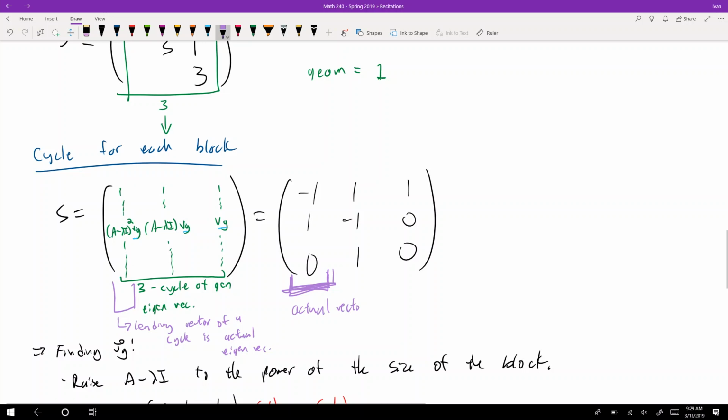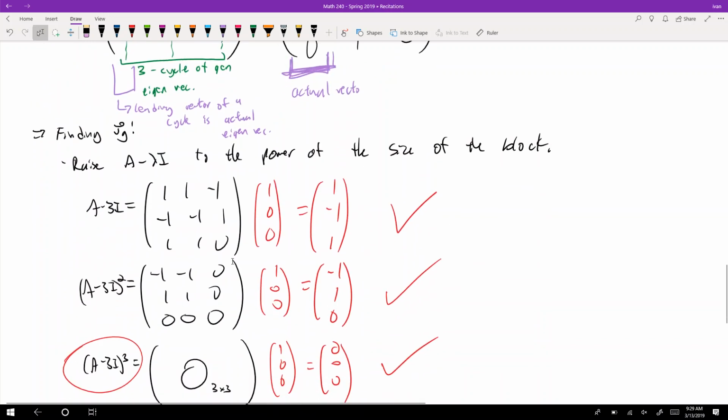This is why we don't just look for eigenvectors immediately when we calculate A minus lambda I. We actually have to generate that eigenvector from the generalized ones. If you found the actual eigenvector first, you'd have to work backwards to find your generalized eigenvectors, which isn't very ideal. Okay, so that's an example.